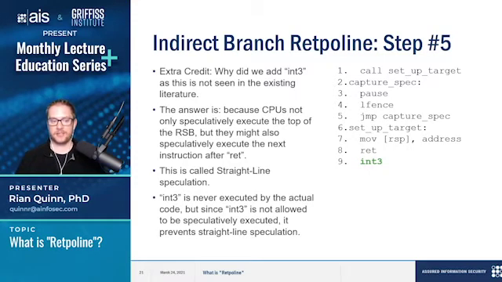The speculative execution engine for RSB jumps out the capture spec and gets caught in this endless loop, so it also never goes to line 9. So the only way that you can get to line 9 is if straight line speculation attempts to execute that instruction. Since we want to control that, the way we do that is we add in an int3. Int3, once it sees that, it'll stop speculation. So this is just there to prevent yet another form of speculative execution that might crop up.